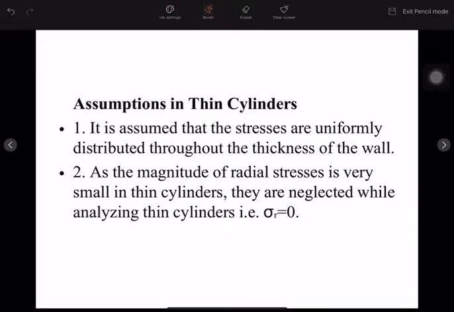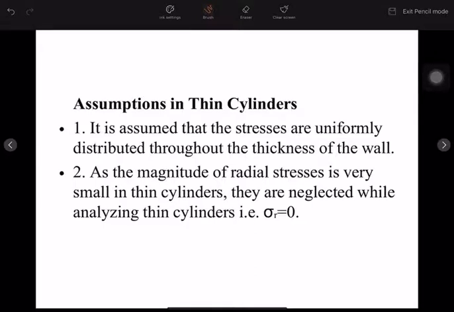In any analysis, we have certain assumptions for our own convenience in analyzing. In the same way, we have assumptions in this topic also. What are those?